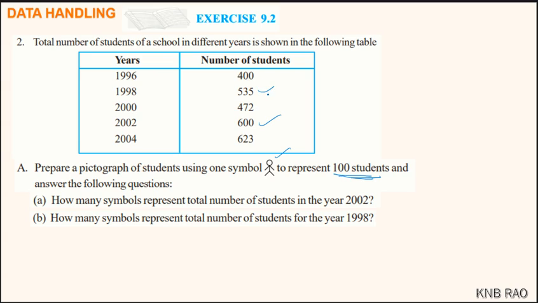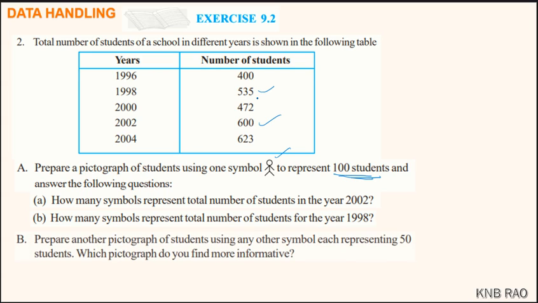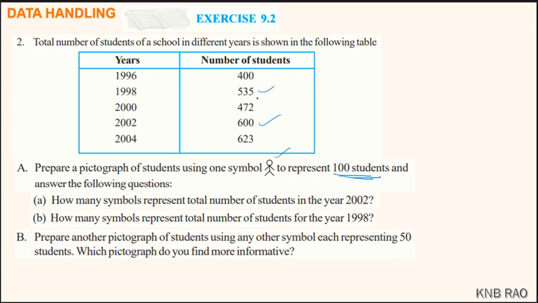In 1998, when I have 535 students, I have to use 5 full symbols and 1 incomplete symbol to represent the 35 students. Now, there is another sub question: prepare another pictograph of students using any other symbol, each representing 50 students. Now, which pictograph do you find more informative?